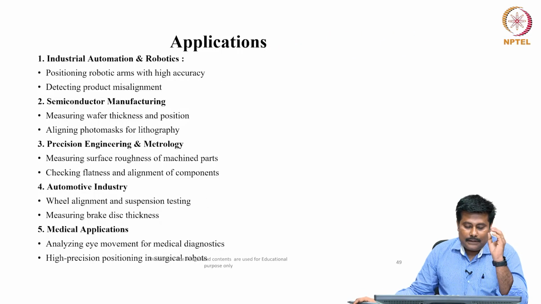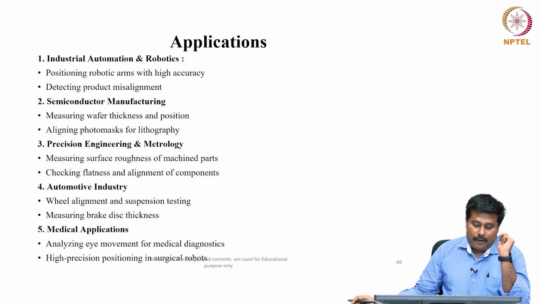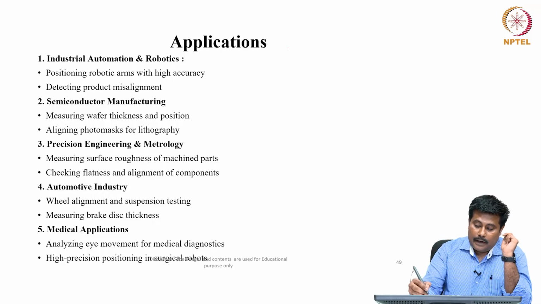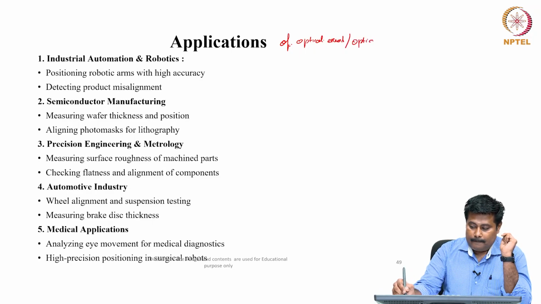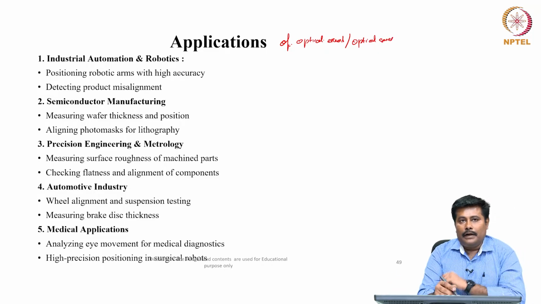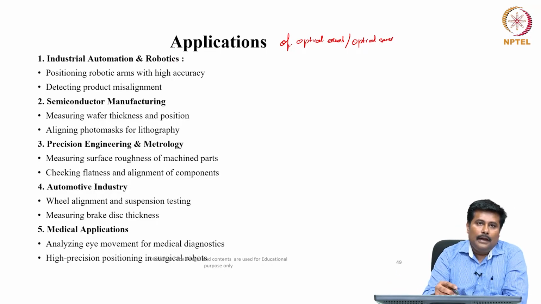Now, from an application point of view, these optical encoders or such optical sensors are widely used for industrial automation and robotics, basically positioning a robotic arm with high accuracy and detecting product misalignment.